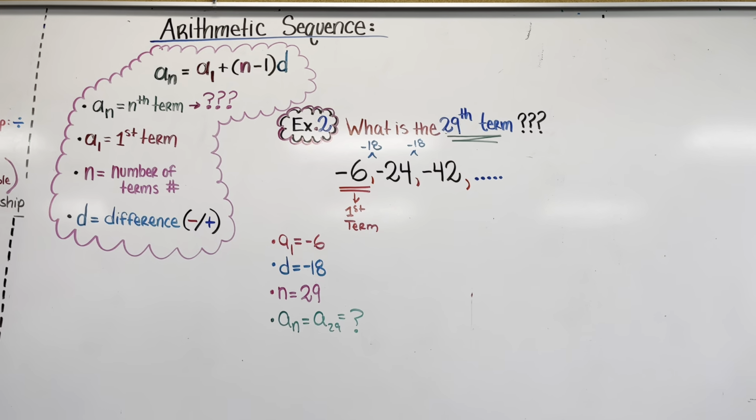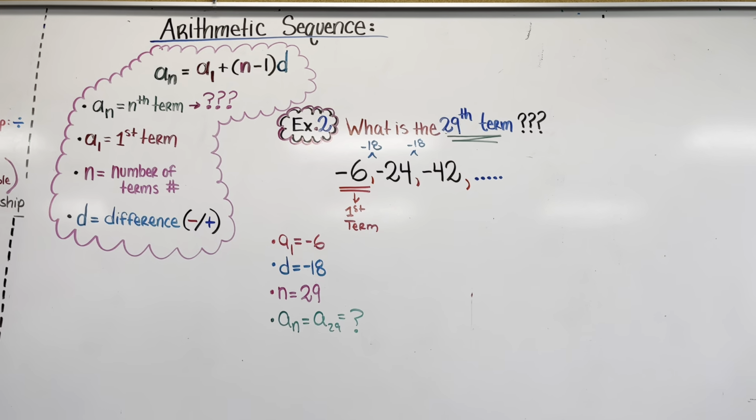Of course, PEMDAS: anything in the parentheses goes first, and multiplication happens before addition. So 28 times -18 is -504.